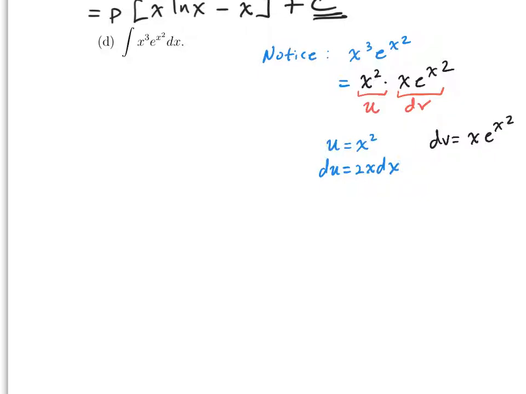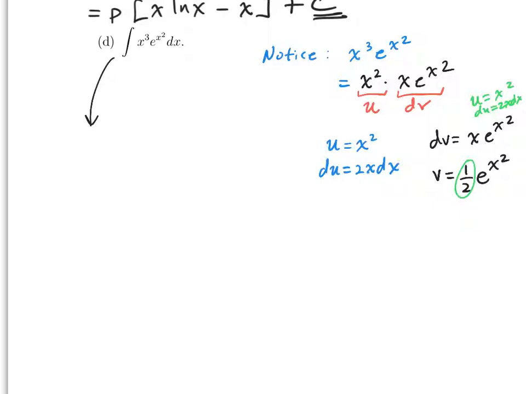And if we use substitution, v will be 1/2 e to the x squared. What is the substitution here? Well, it will be u equals x squared, so du is 2x dx, and that's why you need the 1/2. Alright, so now we're ready to use the integration by parts formula.